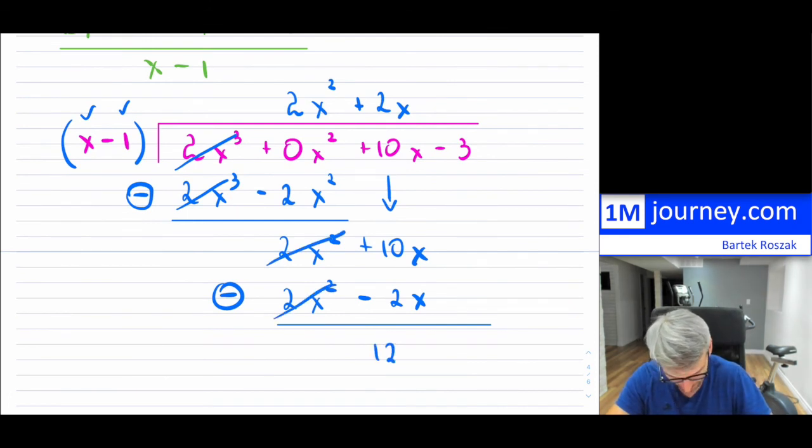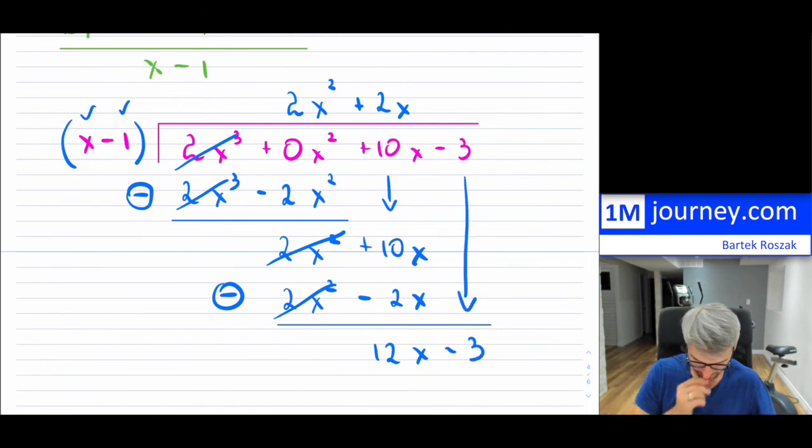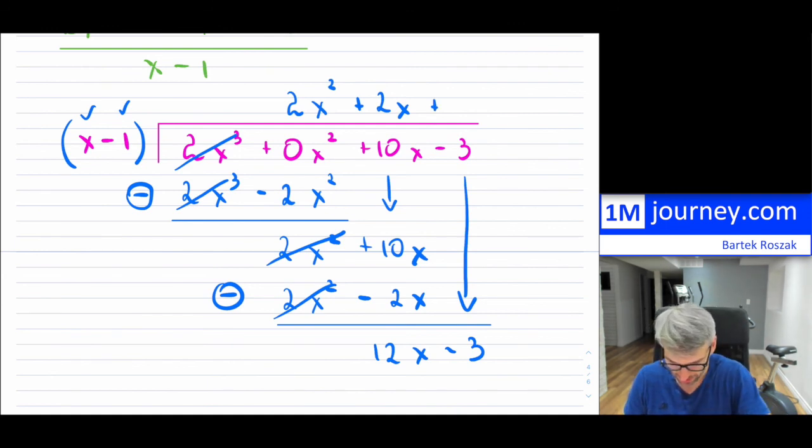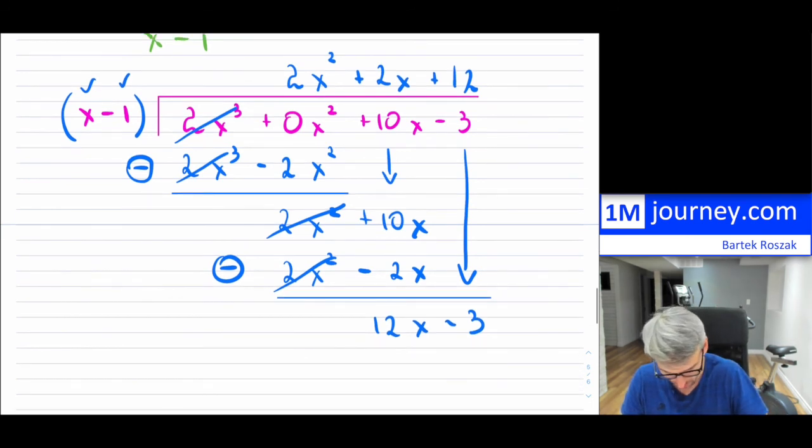This is going to be 12x. Let's bring this one down. So minus 3. And now the last one is going to be plus, I guess, plus 12. That's what we should have there. And so this is going to be 12x minus 12.